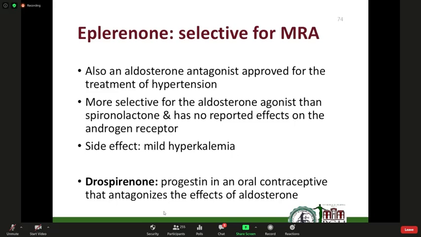So please take note, because it's not that new, but it's a relatively new drug. Spironolactone is the one that has no selectivity, but it is eplerenone that is more selective for the mineralocorticoid receptor. And thus the hyperkalemia is less compared to spironolactone.